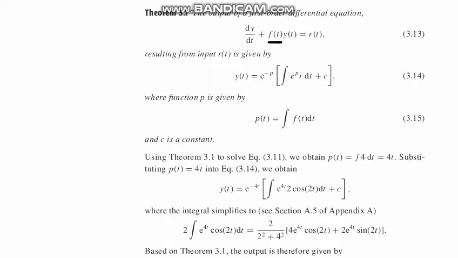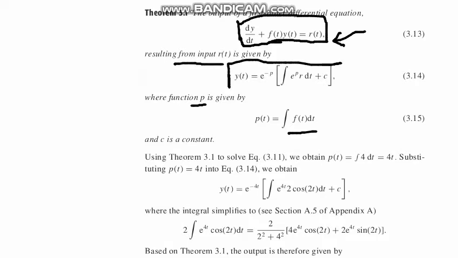if they take f(t) as p(t) function, and if the differential equation looks like that, after giving the input value, you will get this y(t) equals e to the power minus p integration of e to the power p r dt plus c. Okay, that is one kind of theorem that we should keep in mind to solve this kind of equations.